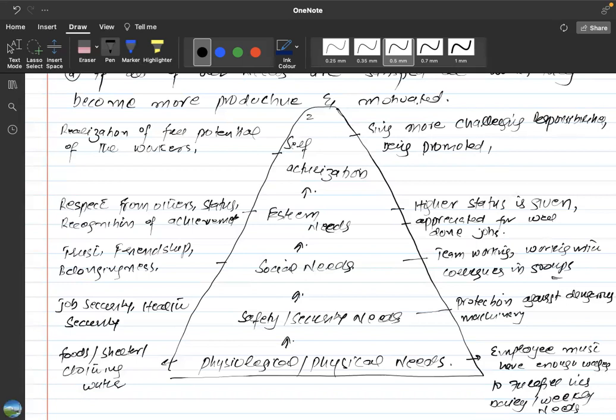That gives the worker the sense of achievement. That achievement would have required a more advanced level of skills. That also gives them the opportunity to develop new skills and increase the potential for earning higher wages. So these are the five sets of needs that Maslow has described.